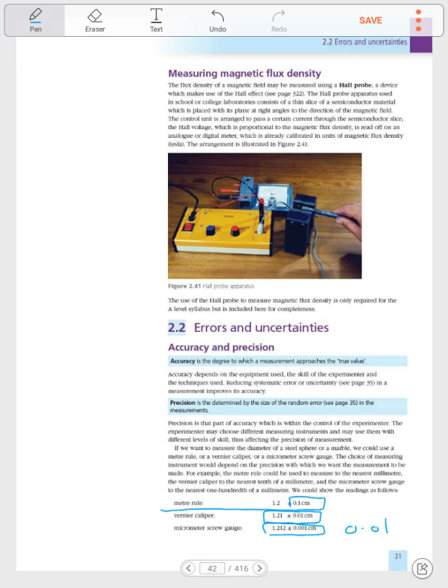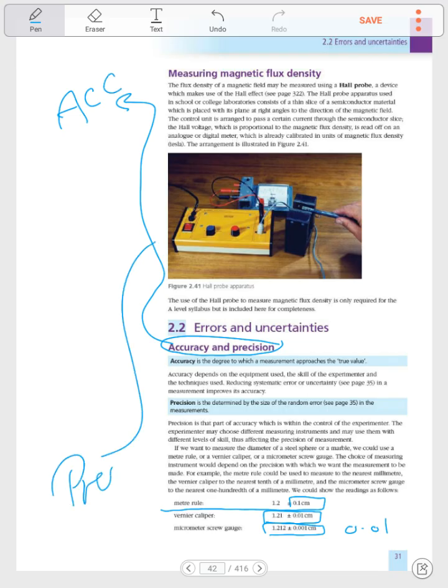Now we have two types of definitions: accuracy and precision. What is the meaning of accuracy? It is the degree to which measurements approach the true value. Let's say I wanted to find the value of acceleration of free fall, which is 9.8 meters per second squared.